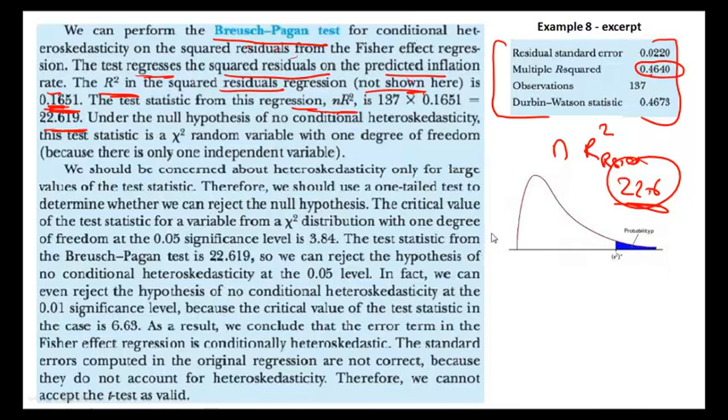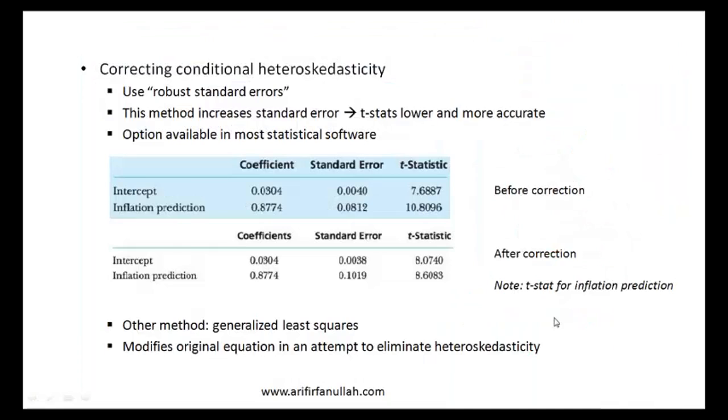At a 5% level of significance, the chi-squared will give us a value of 3.84. So 3.84 is the critical value. Right now just take it as a given that you can read the chi-square table. So given the level of significance and the degrees of freedom, you come up with a critical value of 3.84.